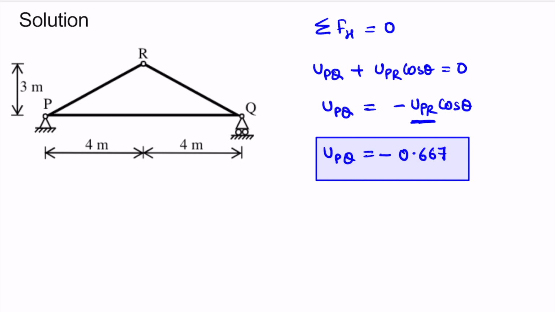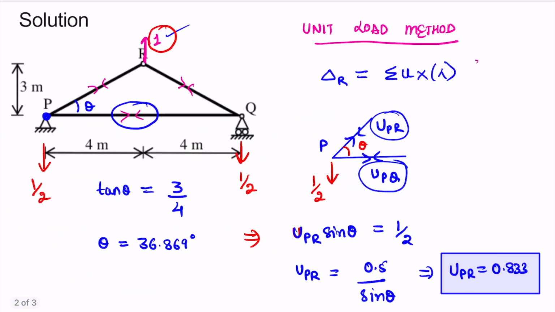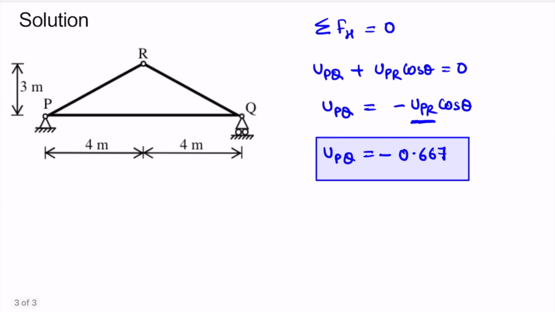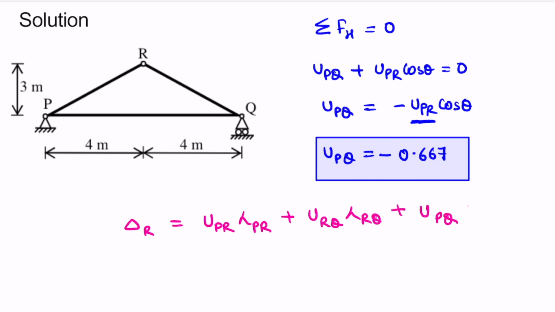Now we can put the values in this final formula, that is delta R equal to summation of U multiplied by lambda. So if we expand this formula, we get delta R equal to UPR lambda PR plus URQ lambda RQ plus UPQ lambda PQ.